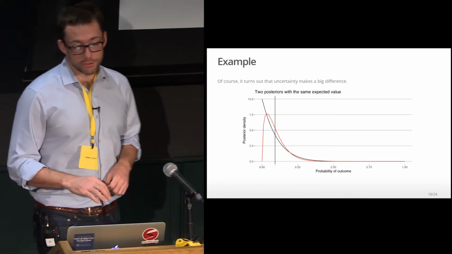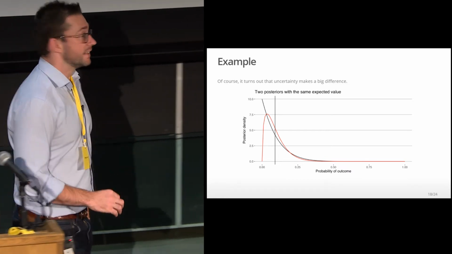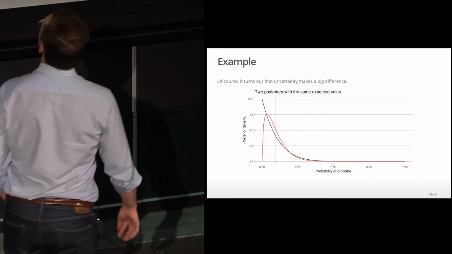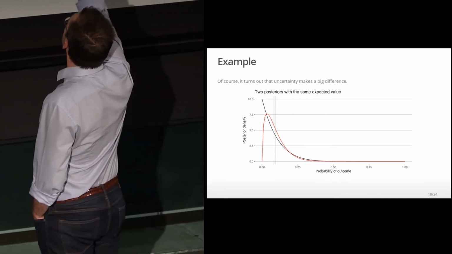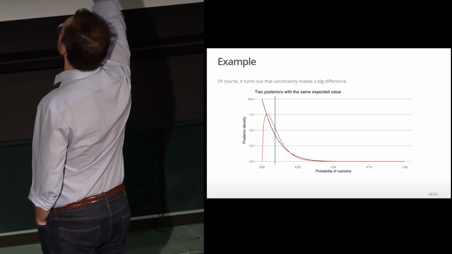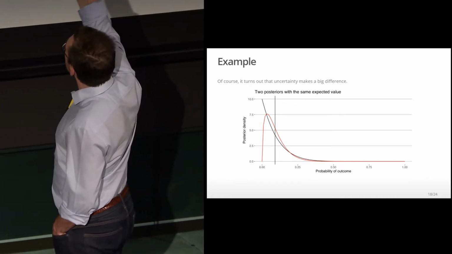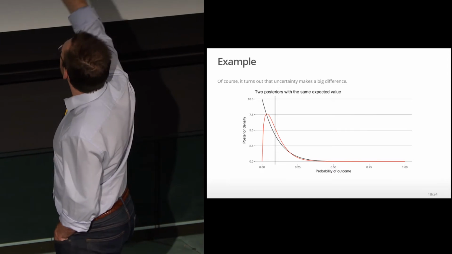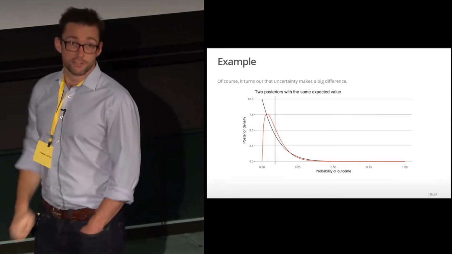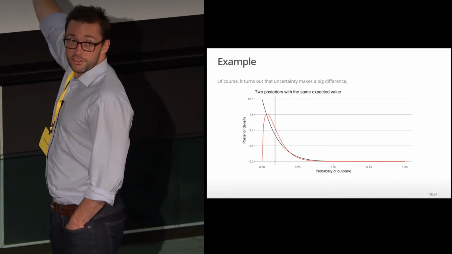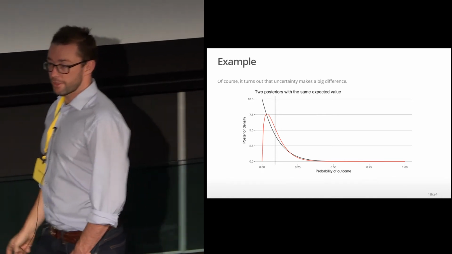So here are three different densities for the probability of the person defaulting. The first one, that black line, has an expected value of 1/11. The second one, the red curve, also has an expected value of 1/11. And this Dirac delta, this spike, is also on 1/11.